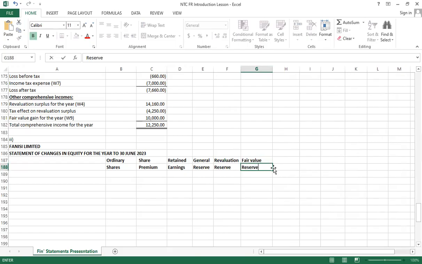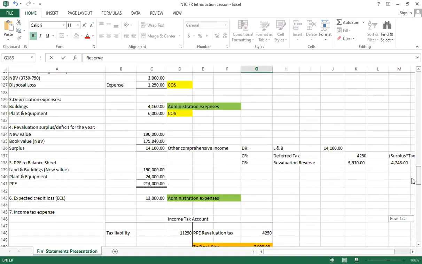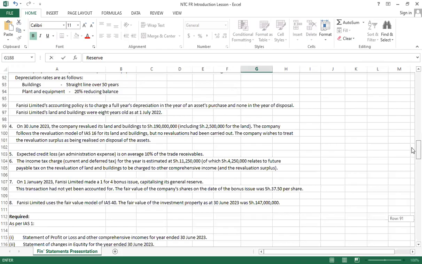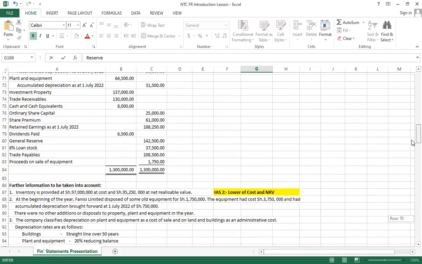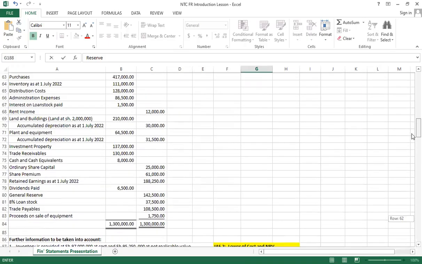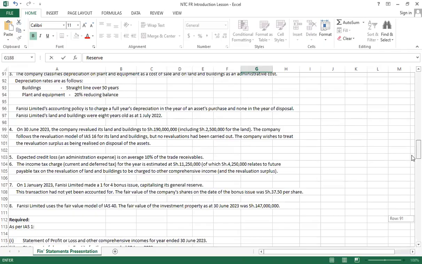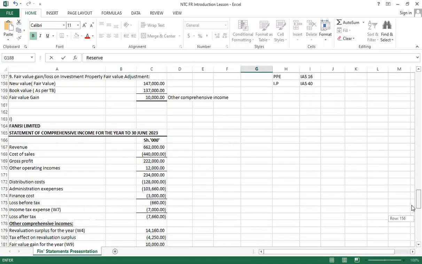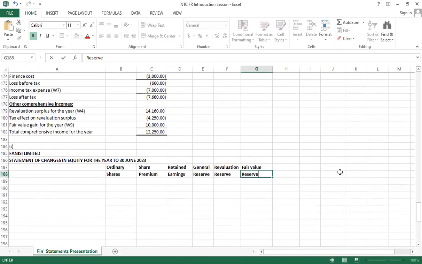This one is with respect to the investment property, the ones that we adjusted to fair value, and there resulted a fair value gain. So you must have reserves for the two also, the revaluation and the fair value gain reserve.